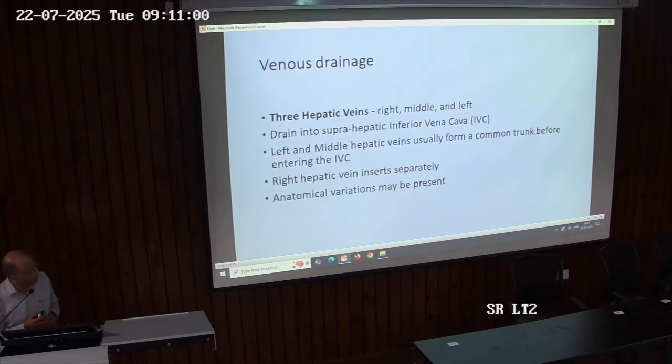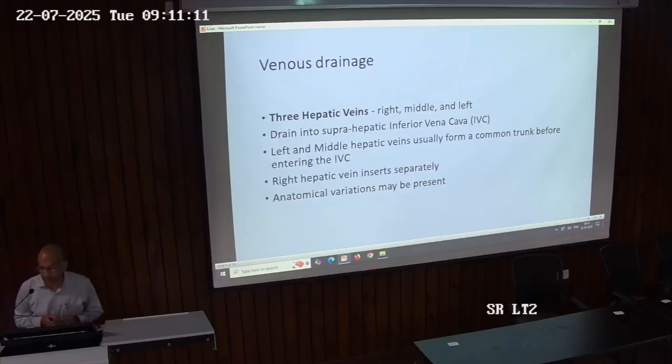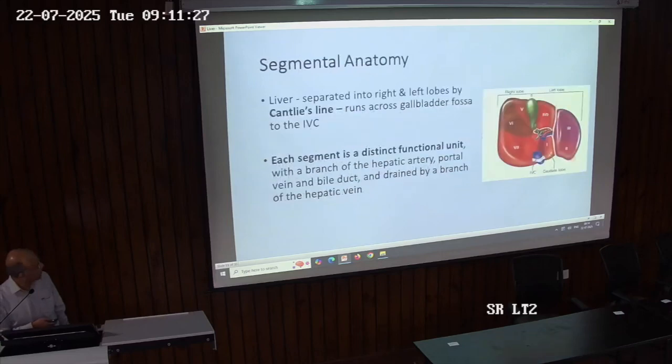And the right hepatic vein inserts separately. Okay, so three veins, right, middle and left. Left and middle usually join to form a common channel. The right one drains separately into the inferior vena cava, and from there it goes into the right atrium.